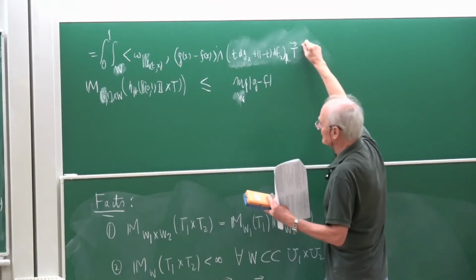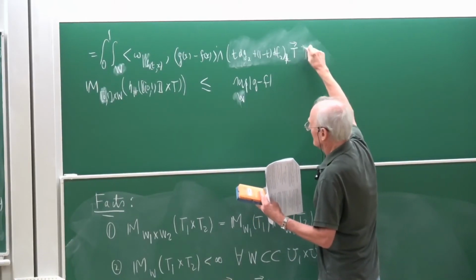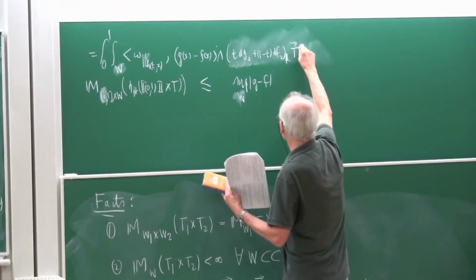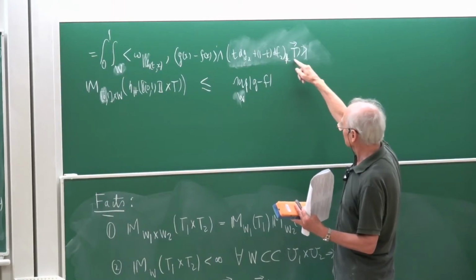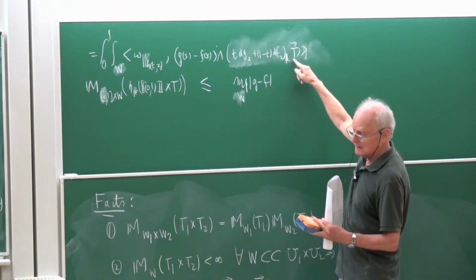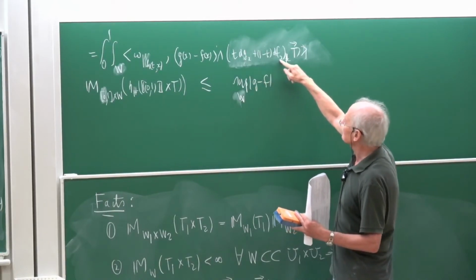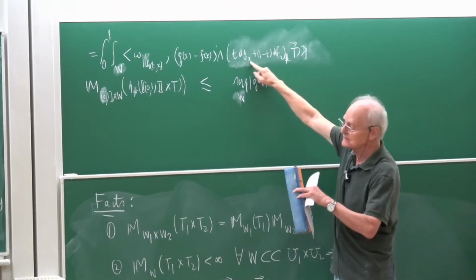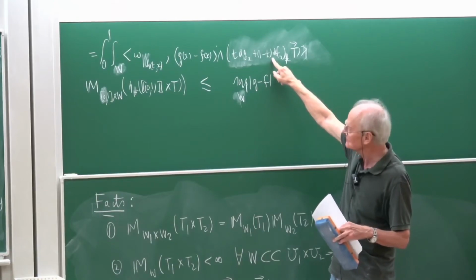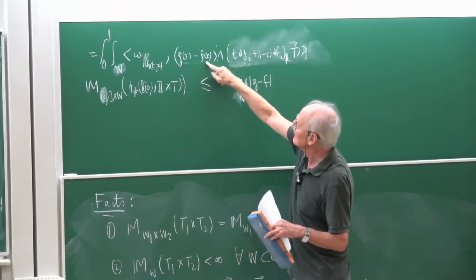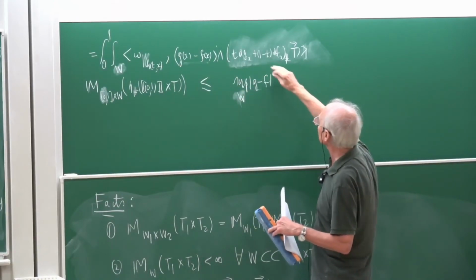Now we've got to be careful about this guy, because remember this is an n vector. So you get actually the nth power. The sup of this to the nth power is the upper bound for this, not the first power. The G minus F is the first power, but you get the nth power of this.